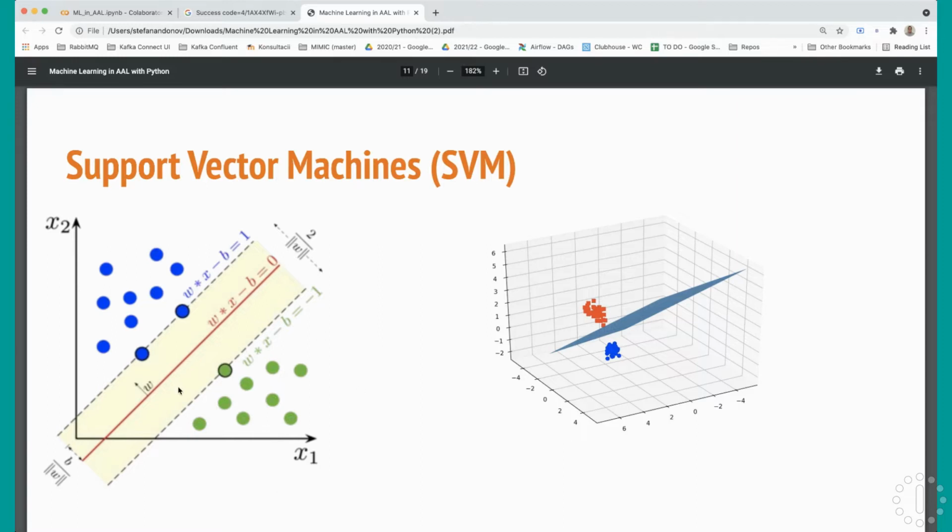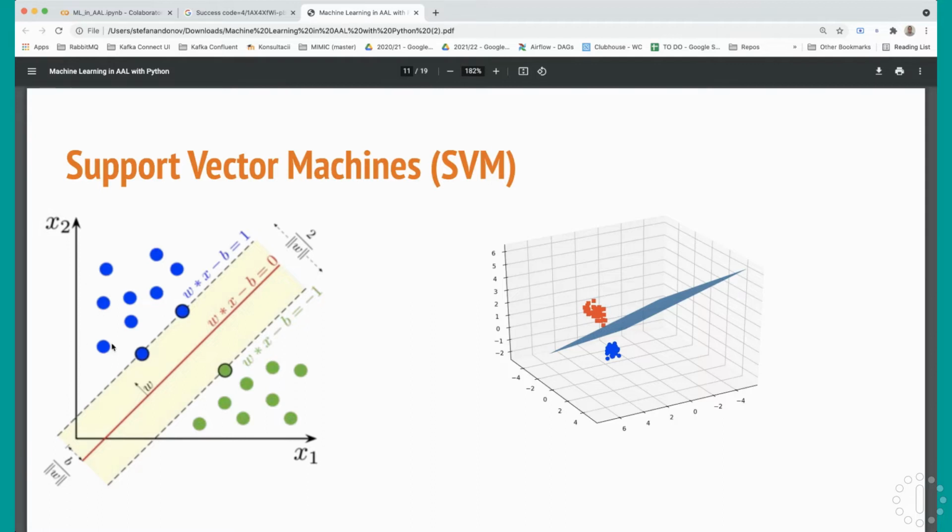So the goal of the support vector machine algorithm is to find that hyperplane ideally. What does it mean by ideally? So that it will split the positive and the negative instances. We're speaking now in terms of binary classification.